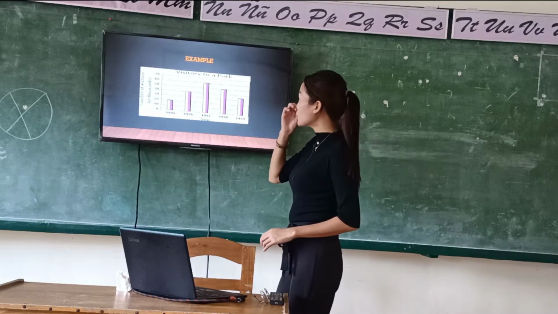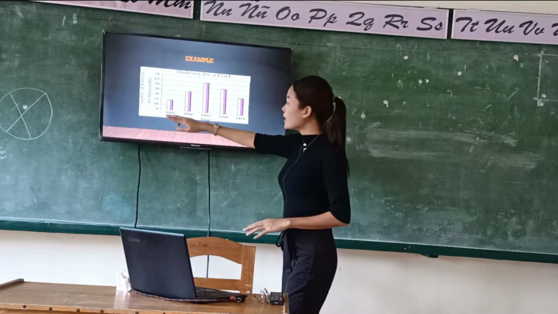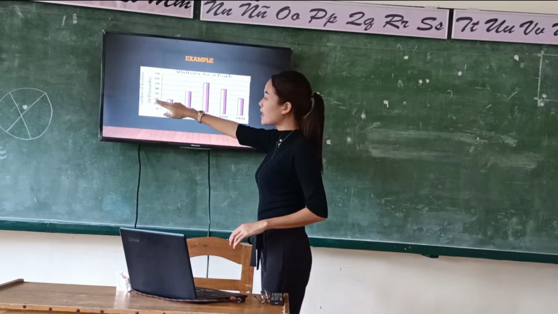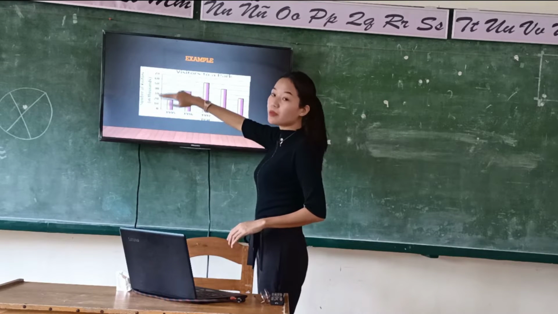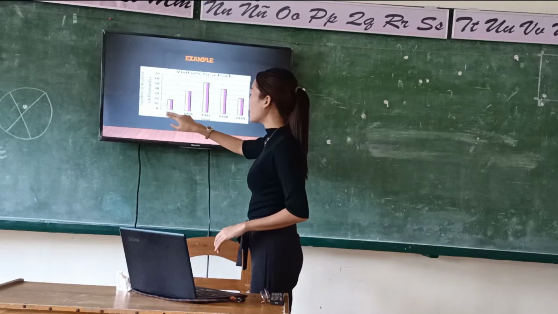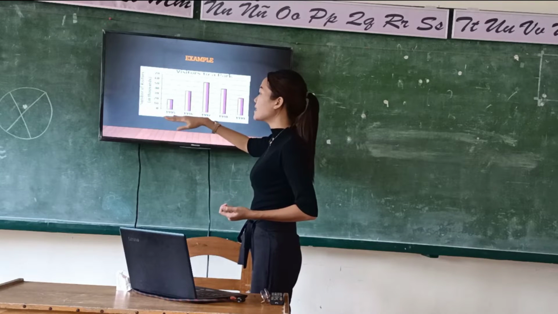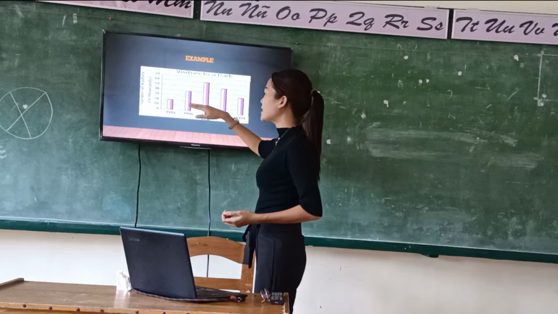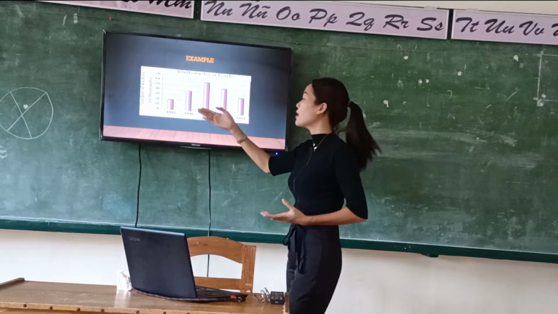The example shows the visitors to a park. Here the numbers are in millions, starting from 0, 10, 20, 30, 40, 50, 60, and 70. The bars show that the data from 1995 has 20 million visitors, and in 1996 it increases to 40 million people who visited the park.